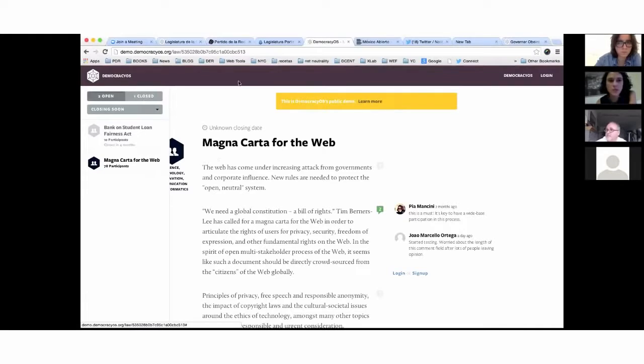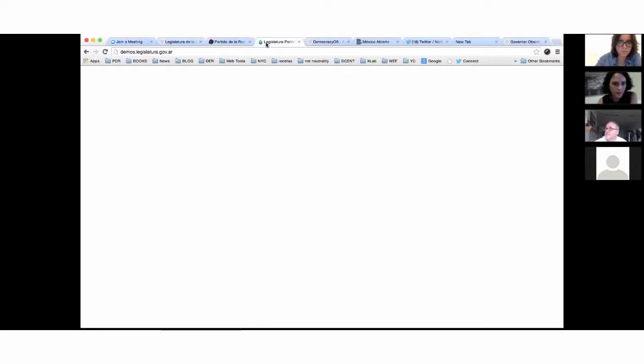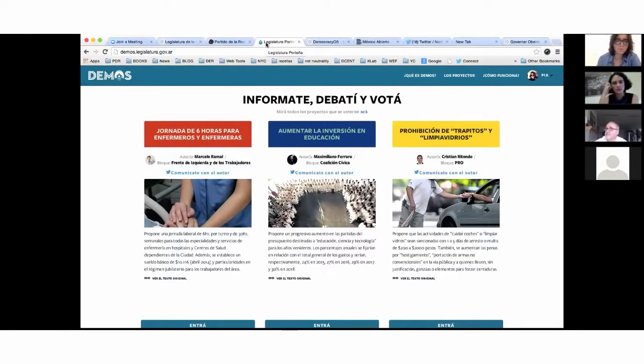But also let me show you a very concrete example that is called Demos. So what happened here is that Congress in the city of Buenos Aires decided to start using DemocracyOS. So it was a huge success for us to be able to make this happen, because for the first time ever in history here in Argentina, Congress is opening up a space for a two-way conversation with the citizens of Buenos Aires.